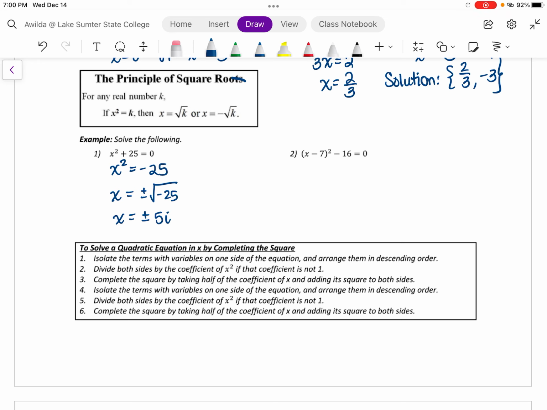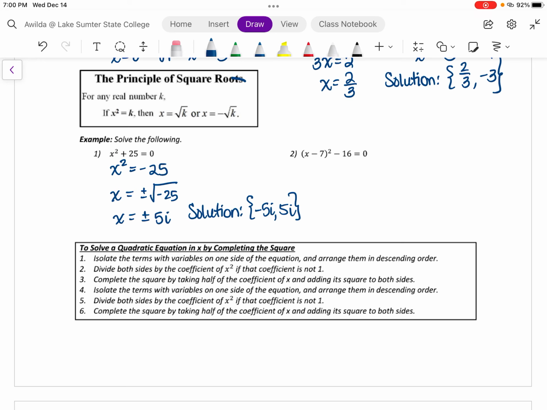So there are two solutions here. x is either equal to 5i or x is equal to negative 5i. We can use this plus or minus symbol when MyMathLab allows us to, but another way of writing the solution is to list the two solutions separately in set notation as negative 5i and positive 5i.